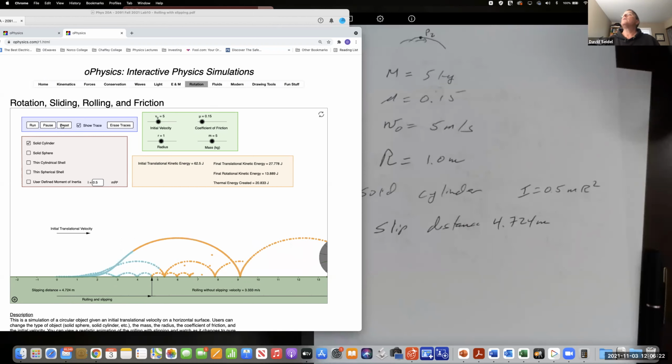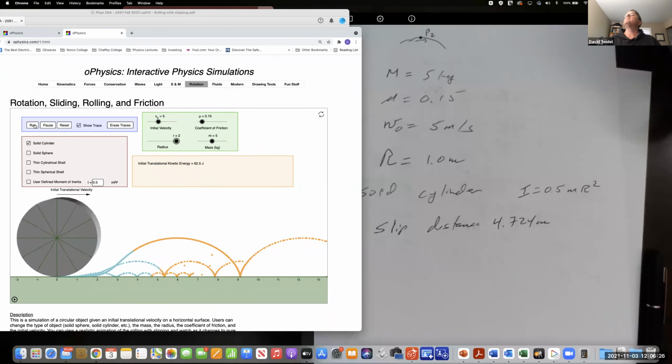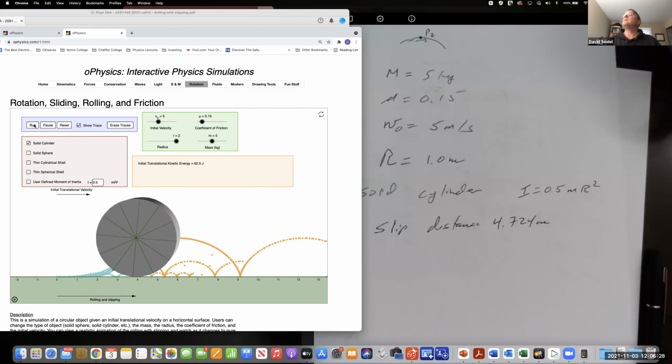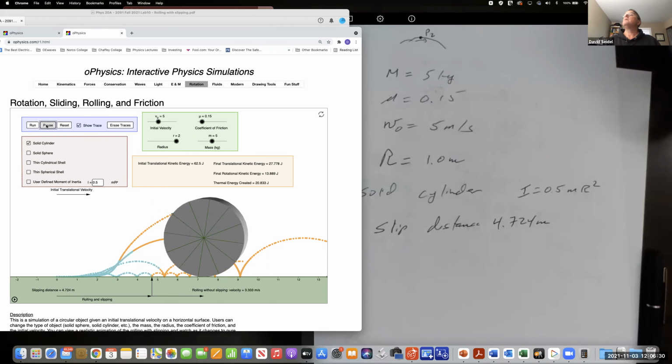If we reset it again and we go to 2 meters, it doesn't end up rotating very many revolutions before it gets rolling without slipping, but still the slip distance was 4.724 meters in each and every case.